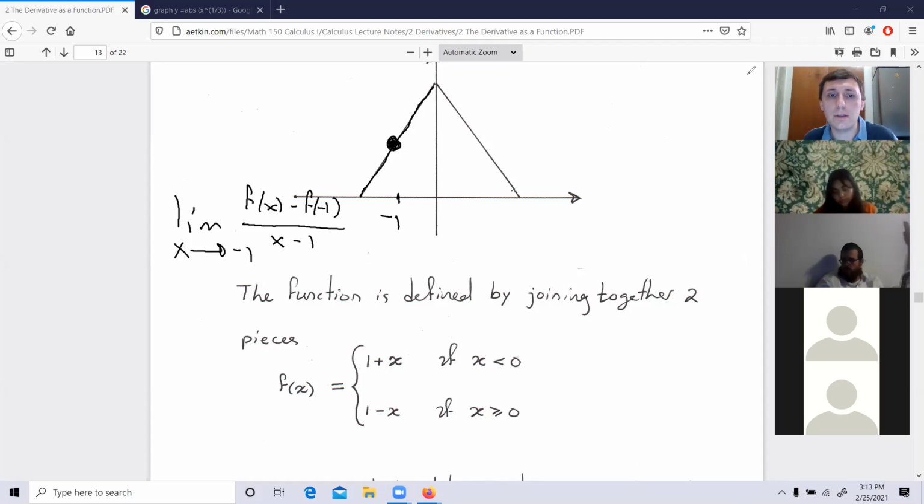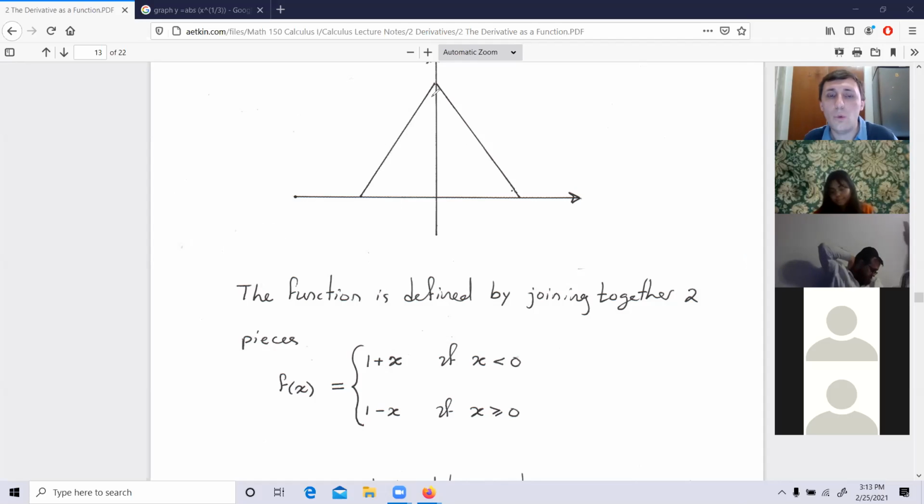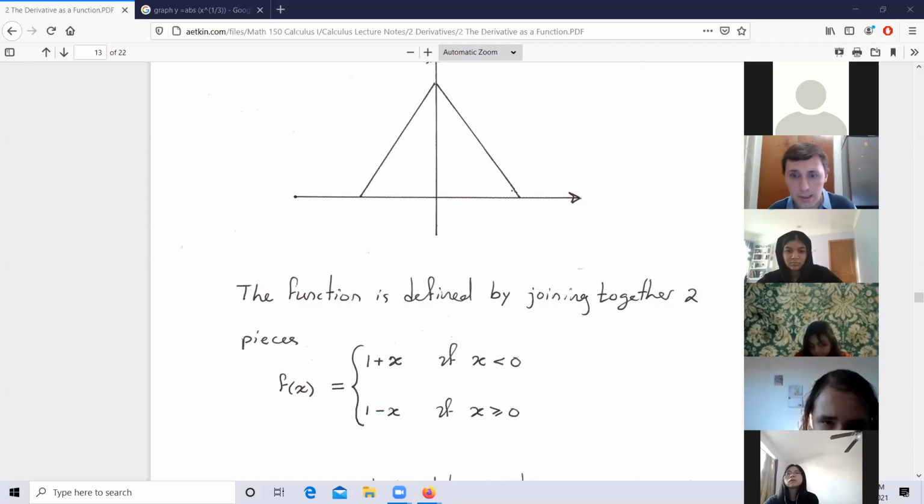So the slope here, guys, will be 1. How do I know it's 1? Because here you can see this is the line. Sorry, so this is the line if x is less than 0. And that line has slope 1. You can see it in front of the x.